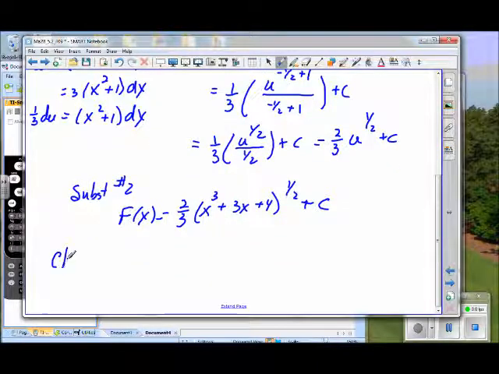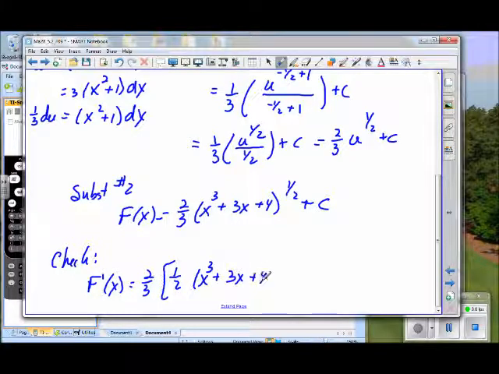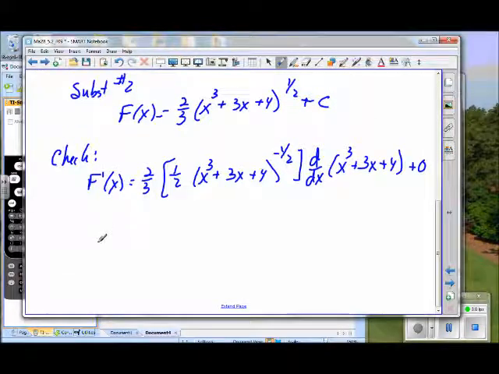If I do a check on this, I would take the derivative of that value, so I'd have 2/3 times 1/2 x cubed plus 3x plus 4 to the negative 1/2 times the derivative with respect to x of x cubed plus 3x plus 4 plus 0 for the constant term.